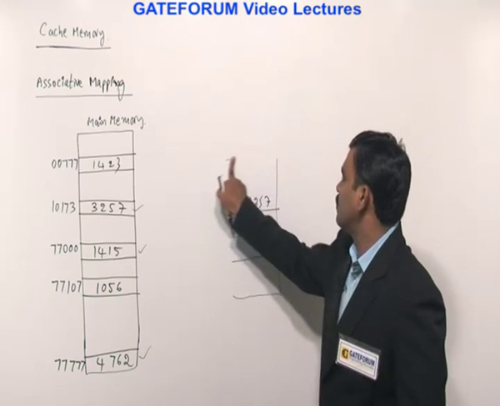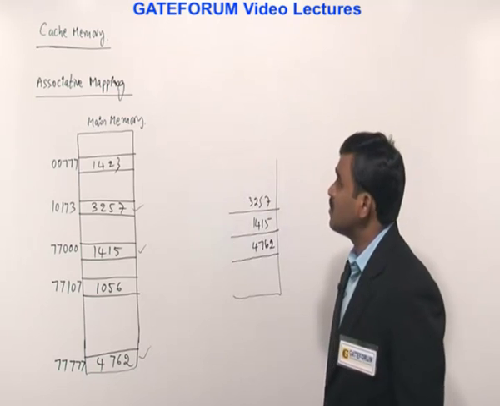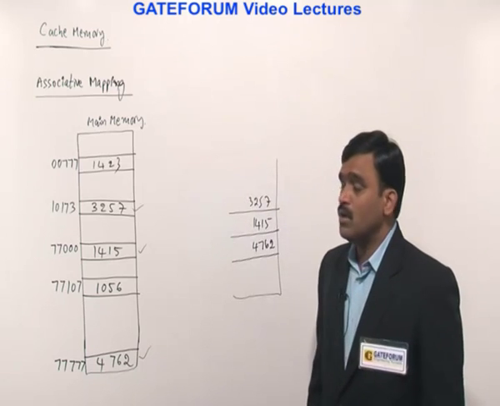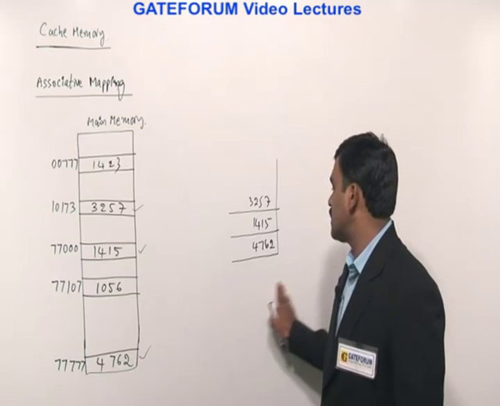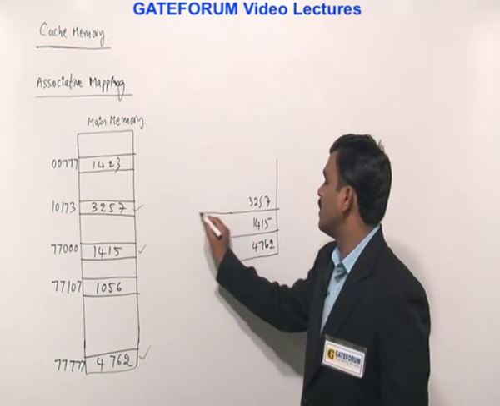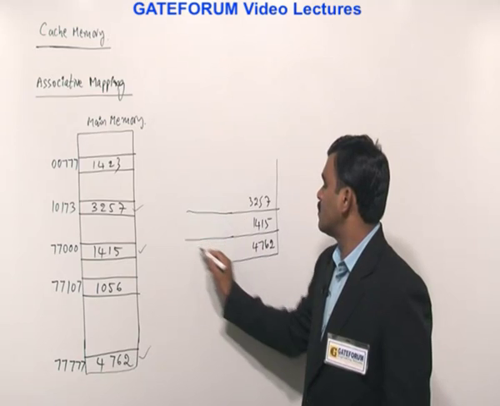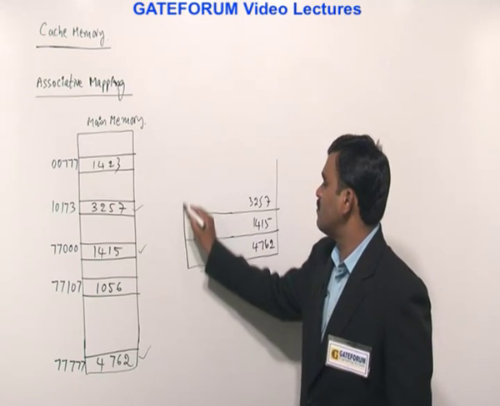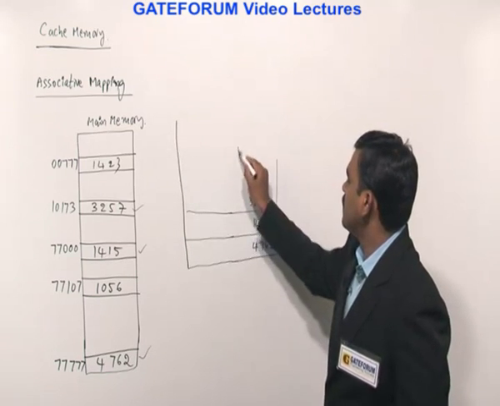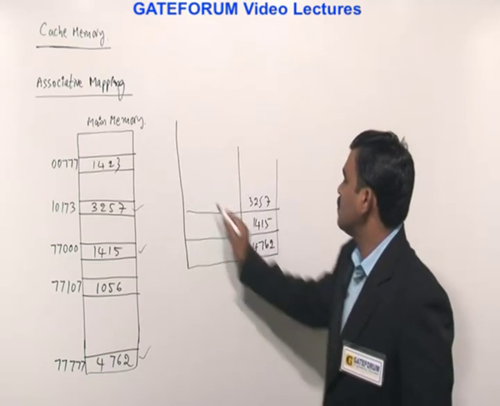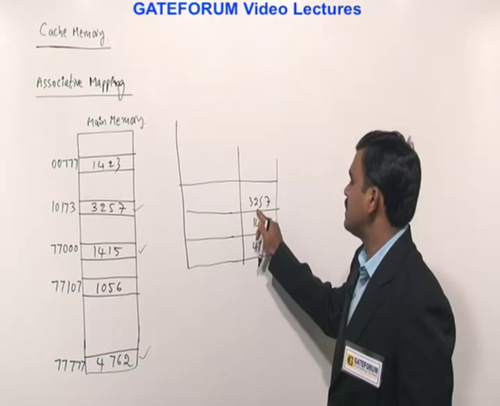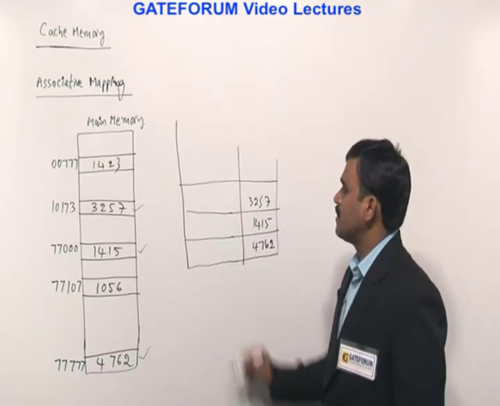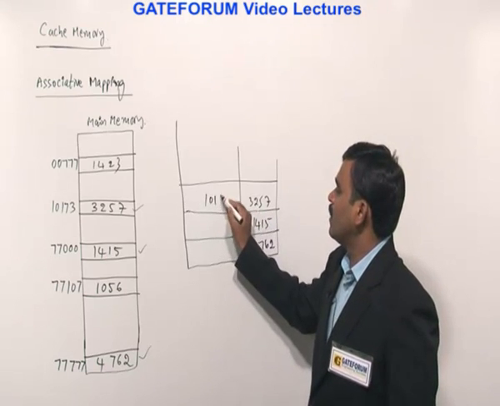Whenever a data item is stored in the cache memory, in associative mapping, we have to store these data items along with its main memory address. So for storing the main memory address, some extra associative memory is required. So this is the data, and the associated main memory address: 3257 is in which main memory address? 10173.